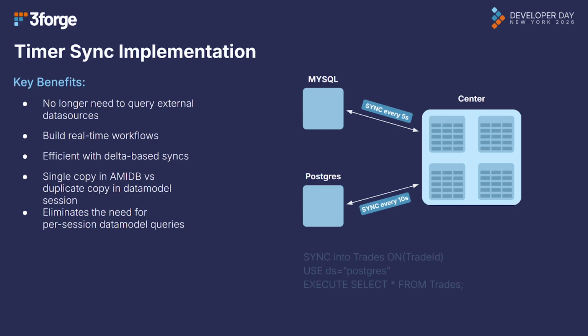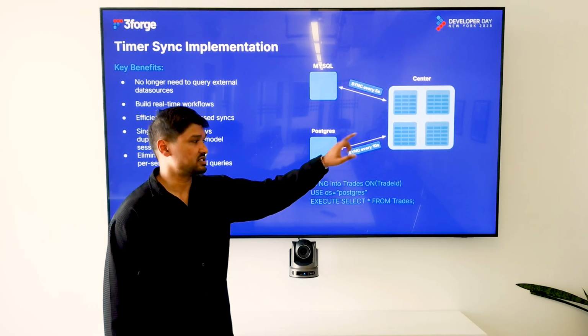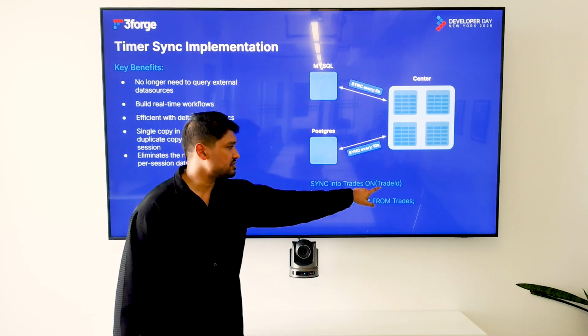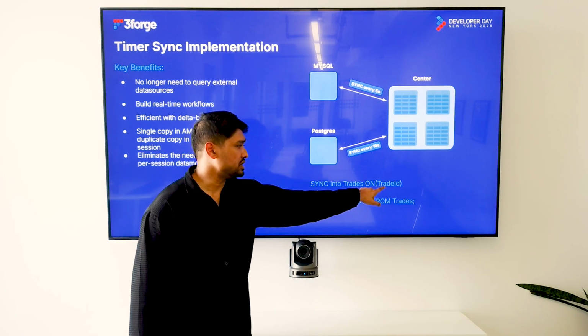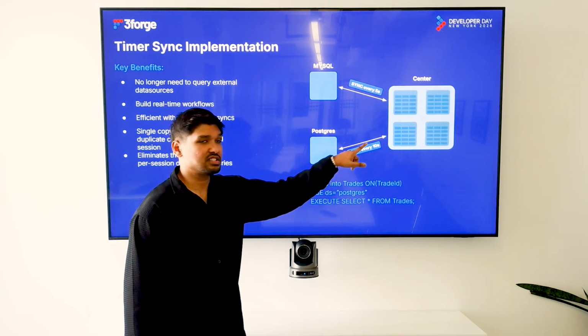Now here's a little syntax down here that shows you how you can run the sync statement. So it says sync into the trades table that's here on trade ID. This specifies how you want to do the comparison of the data. So the sync process is delta based. If you specify how a row can be uniquely identified, the process becomes even faster.